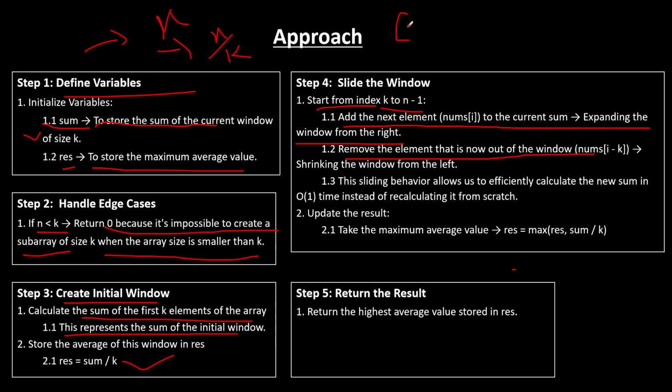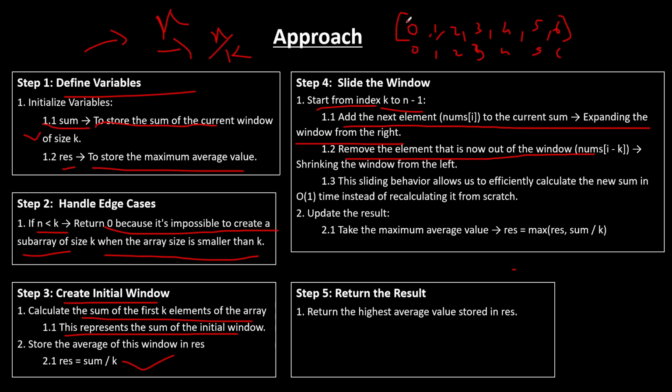Suppose this is an array. Let it be 0, 1, 2, 3, 4, 5, 6. Since I have started from 0 already, let me mark the indexes also: 0, 1, 2, 3, 4, 5, and 6. These are the indexes. Now, I said I will add the sum of k elements, right?